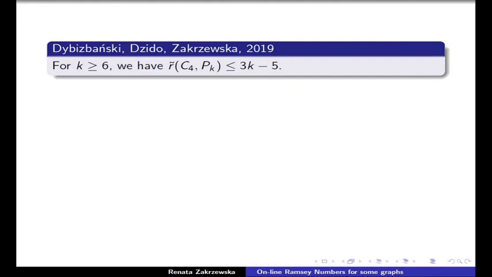And we have that the online Ramsey number of C4, Pk for k at least 6 is less than 3k minus 5.